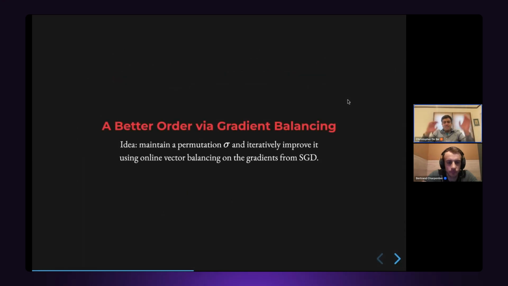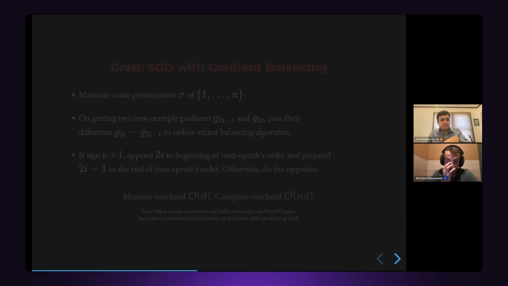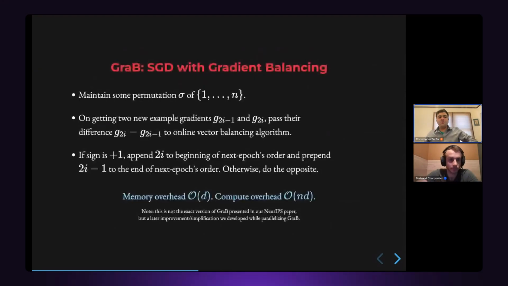And this naturally gives us a way of doing better example order selection in SGD by simply running one step of this herding by a vector balancing algorithm as we're doing each epoch of SGD. So, concretely, we start with some random permutation.